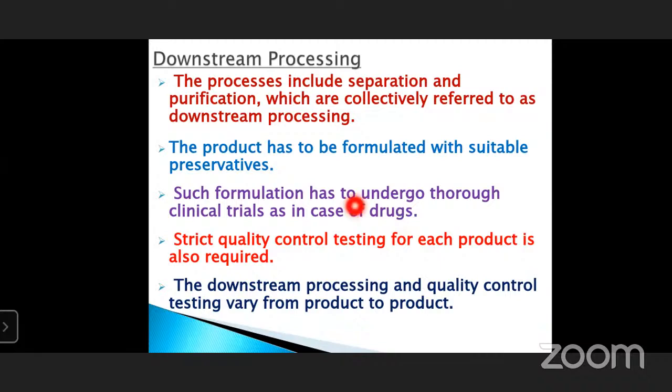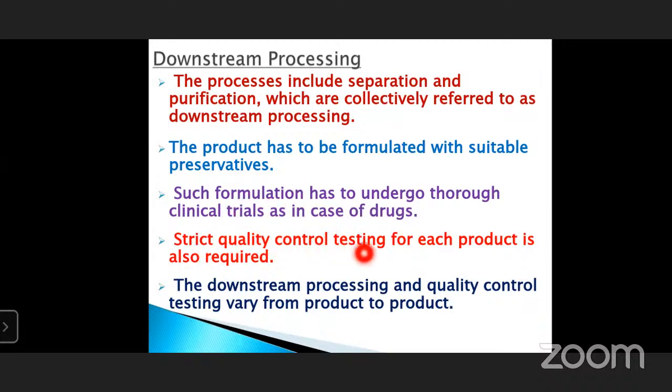First, clinical trials are conducted. Clinical trials are compulsory. How that vaccine performs, how that antibiotic performs, its action on lower organisms, and if its function is very good, then it is released into the market. So clinical trials are compulsory for that product.